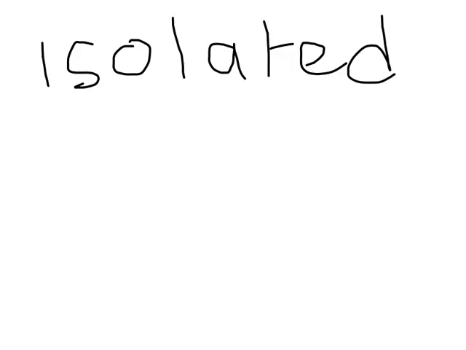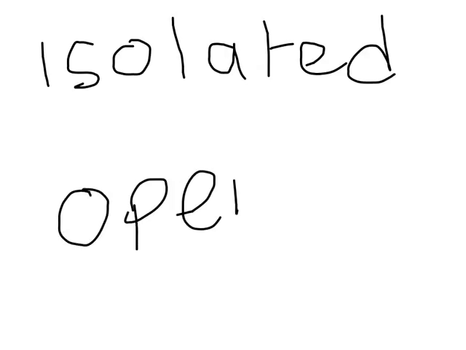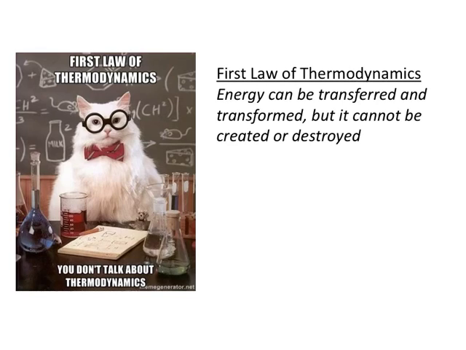Think like a thermos cup where it keeps inside internally those items warm, where on the outside it could be freezing. Then we have open systems, which are going to contain energy and matter that are transferred between system and surroundings. So, for instance, and we'll talk about it later, but cells would be an example of an open system.